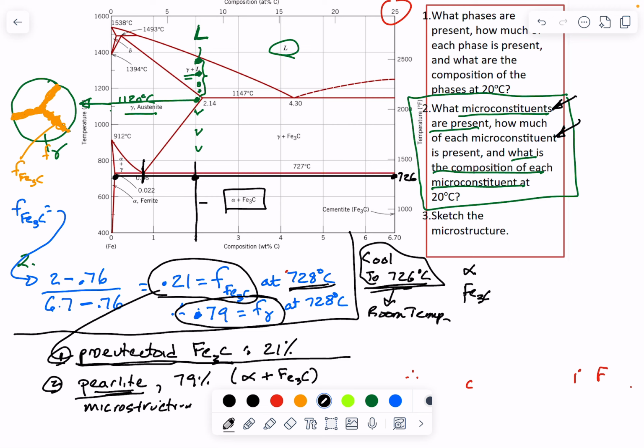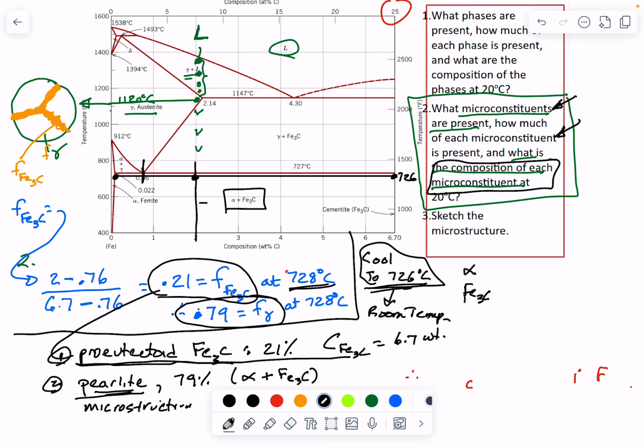All right, and so the composition of each microconstituent, that's kind of a strangely phrased question. So the composition of Fe3C is still 6.7 weight% carbon. And the composition of pearlite, right?